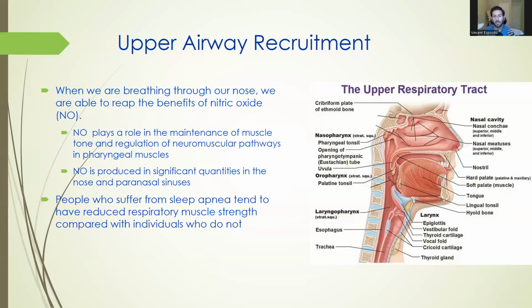And when that happens, it can help those muscles stay dilated, stay open. And this is going to be really crucial, particularly if you suffer from sleep apnea. If you're mouth breathing, you're not getting these benefits of nitric oxide. So if we're able to, again, re-educate and get some of that nitric oxide into the airway, we have a better chance of keeping it dilated, keeping it open, reducing that negative pressure.